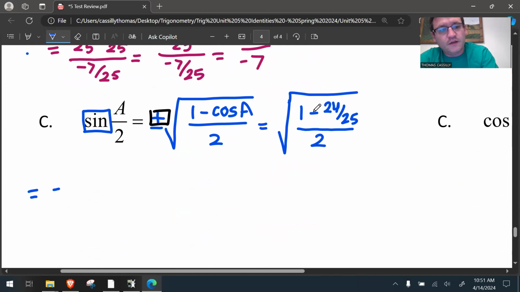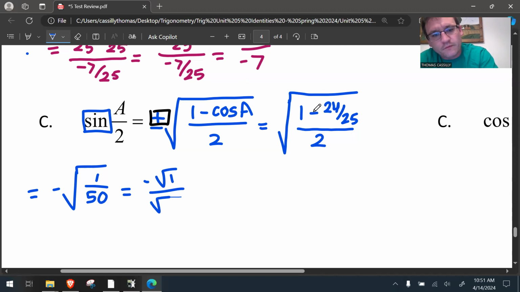So we end up with negative square root of, what does it give us? 1 over, I think it's 1 over 50. Yeah, okay. So that gives us negative square root of 1 over square root of 50, which gives us 1 over 5 square root of 2.